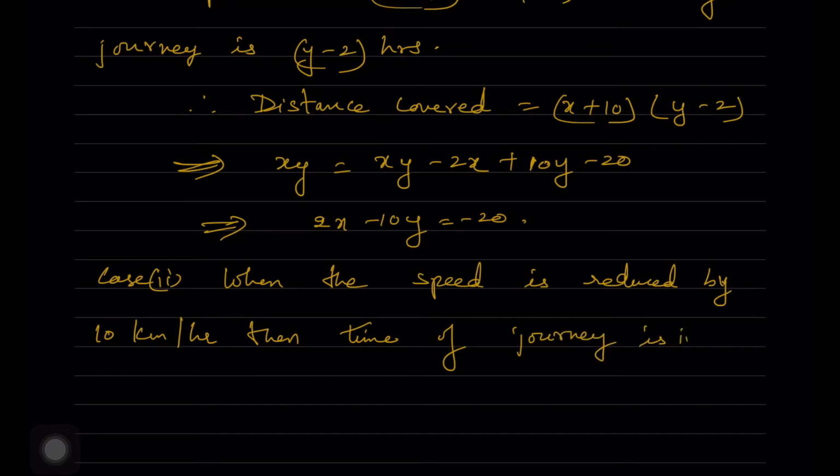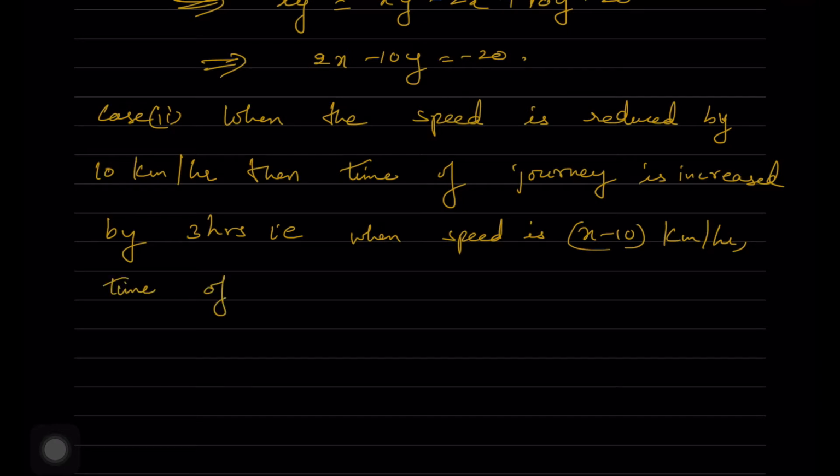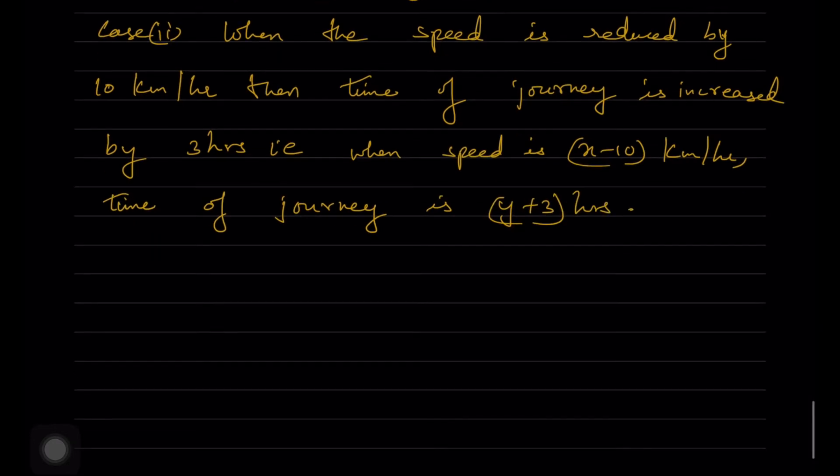Our distance covered will become x minus 10 into y plus 3, because when the speed is reduced by 10 kilometers, the journey also increases its time by 3 hours.